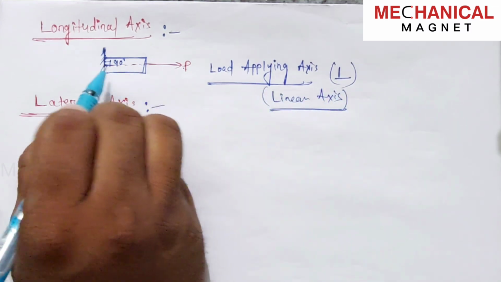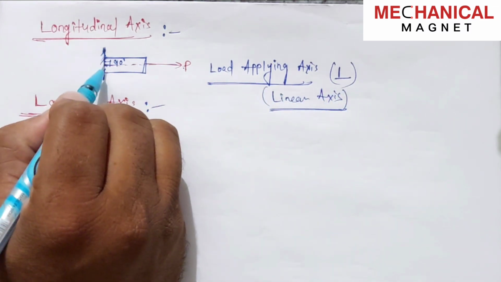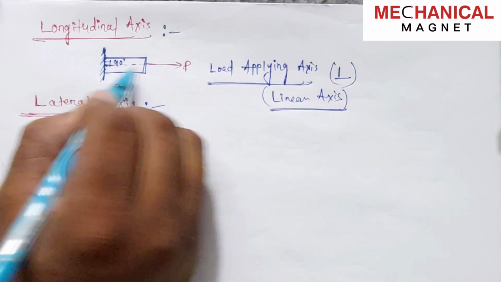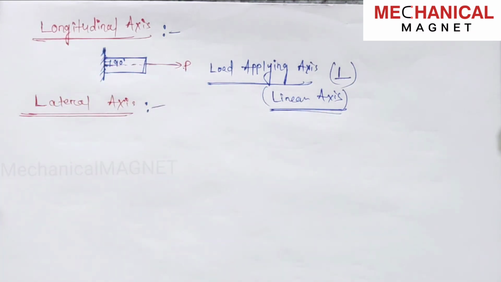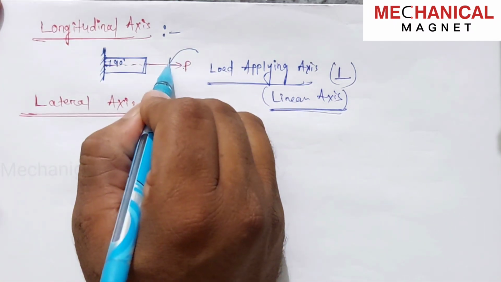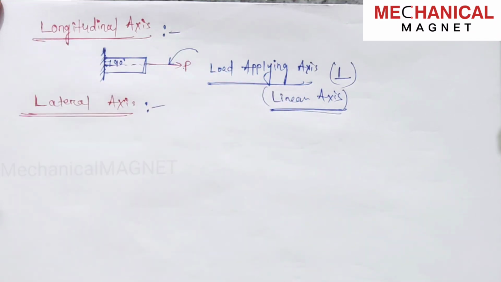Linear means the force acts along a line, and this line is the x-axis line, the horizontal line, so that is also known as the linear axis. Okay, so this load applying axis is known as the longitudinal axis or the linear axis.